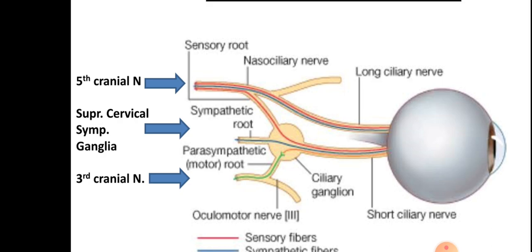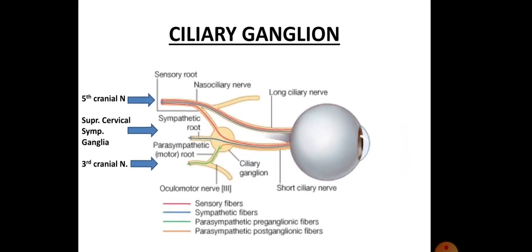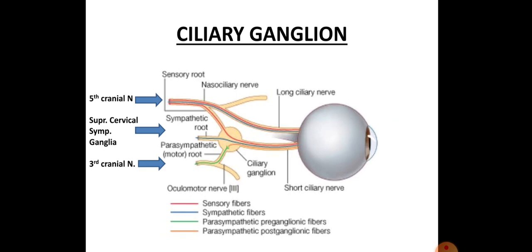Even though the ciliary ganglion has three input roots, the output is through only one nerve, that is short ciliary nerve. Short ciliary nerve divides into multiple branches and reaches the eyeball to supply the corresponding ciliary and pupillary muscles. The sympathetic fibers are responsible for dilating the pupil, that is through dilator pupillae.